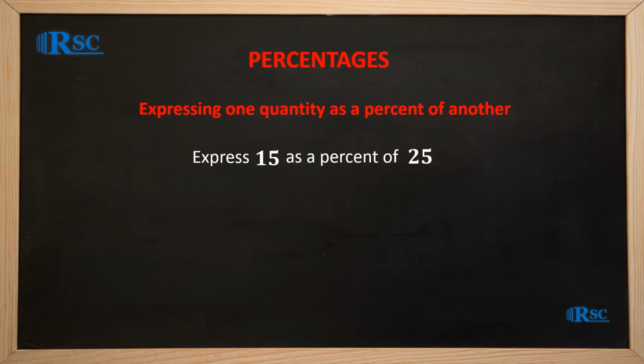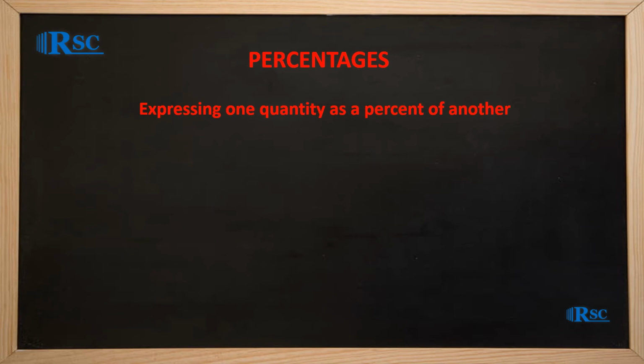In this case, the base or whole is 25. Expressing 15 as a fraction of 25, our result is 15 over 25. Converting our result to a percent gives 15 over 25 multiplied by 100%, which is equal to 60%.